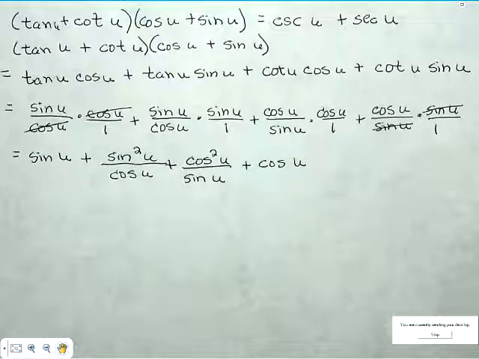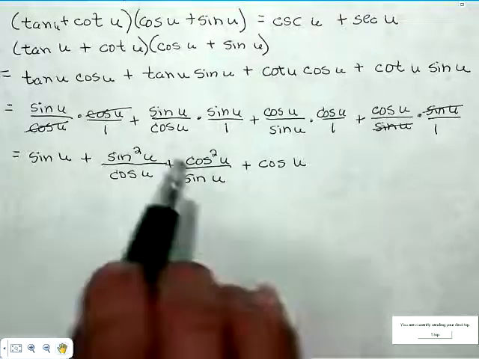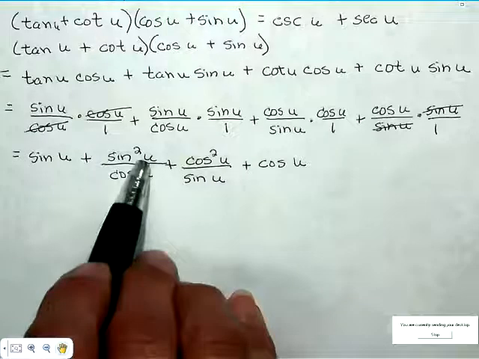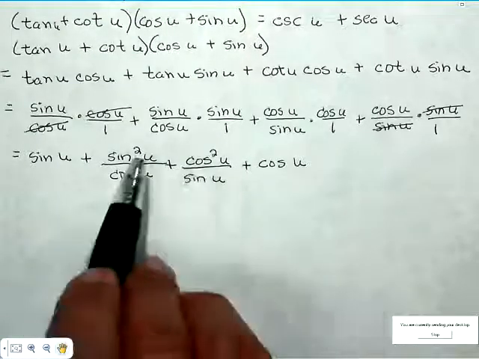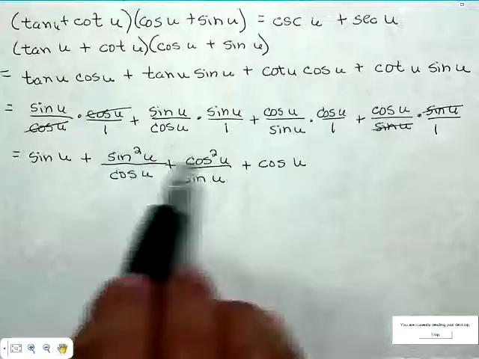Is that what you got when you simplified, Kaylee? You have an idea of what to do next? Anything we could try? You know, the only thing that scares me about that is if we multiplied the first fraction by sine over sine and the second by cosine over cosine, we'd have a sine cubed and a cosine cubed.